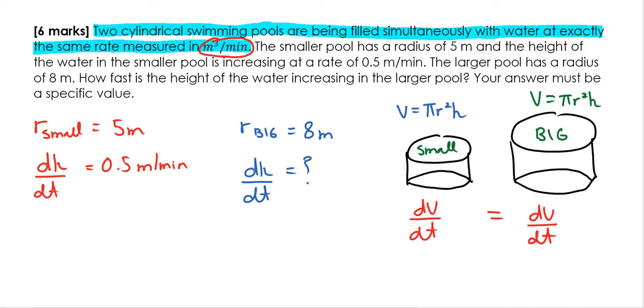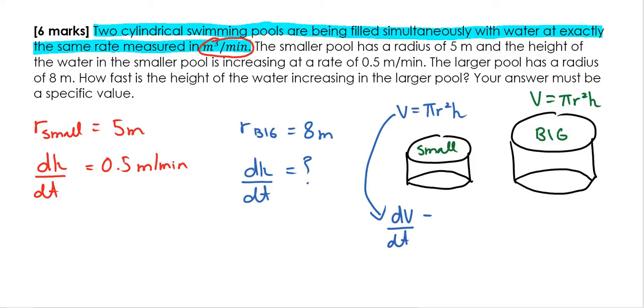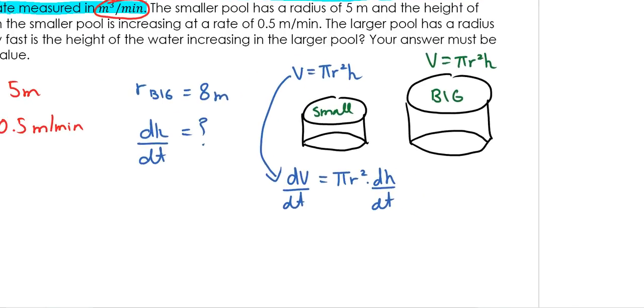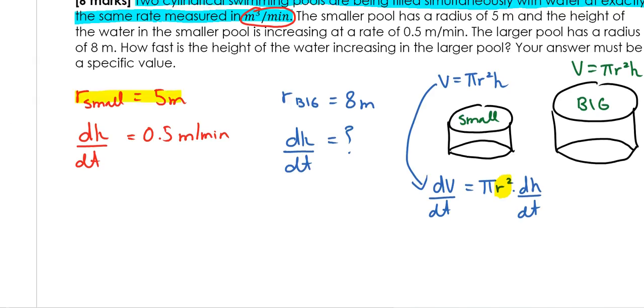So let's go ahead and find out what dV by dt is. If I take the derivative, dV by dt is going to equal pi r squared times dH by dt. One of the reasons I'm not taking the derivative of this r squared term, even though there's a variable there, is because the radius is constant.